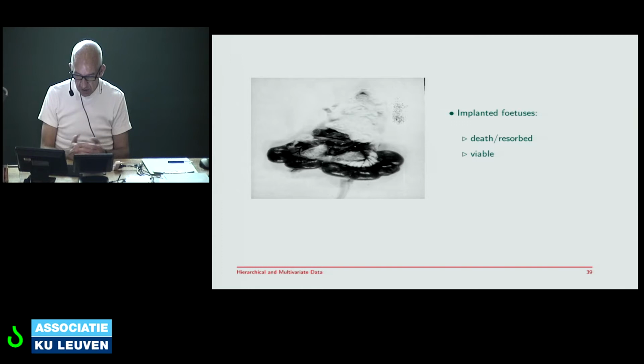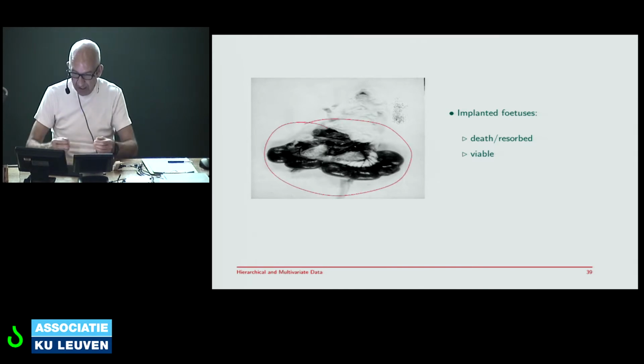So, just to fix ideas, we have here implanted fetuses, and in human beings, of course, we would typically have one fetus, or occasionally there can be 2 or 3, but with mice, you're going to have something between 2 and 16 typically. The average is around 12, so that's why we see a whole line of fetuses in the uterus.